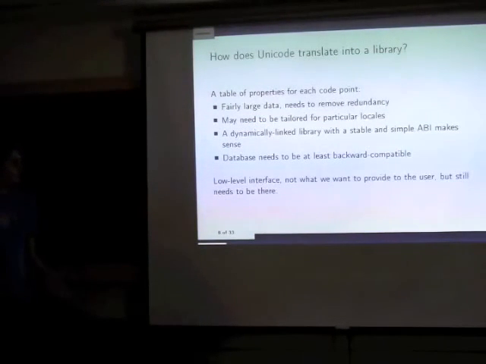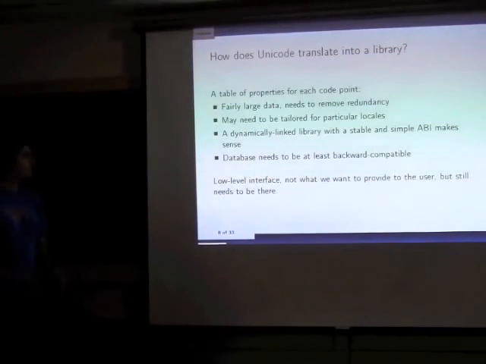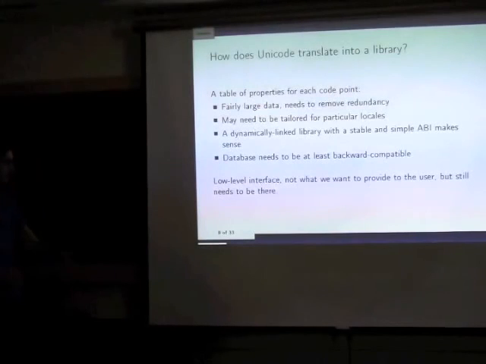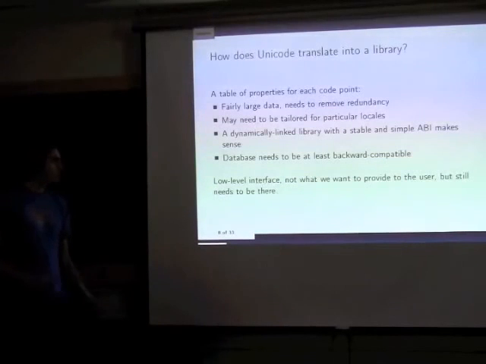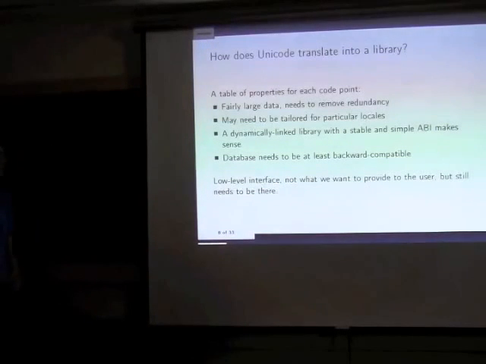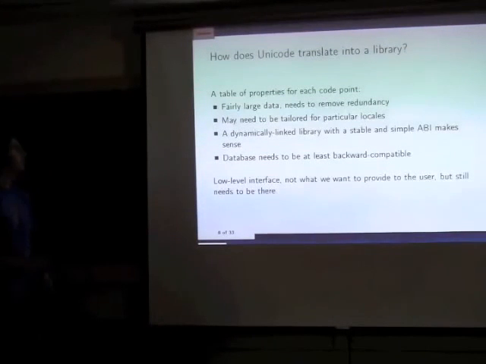That's why I think we need dynamically linked libraries, so that we can swap the library for one more tailored to a particular use. And since we have libraries, it needs to be at least backward compatible. This is really just: give me a code point and the property you want, and I give you the value for the property. This is very low level. This is used for database lookup purposes. It's not really the features we want for the users.